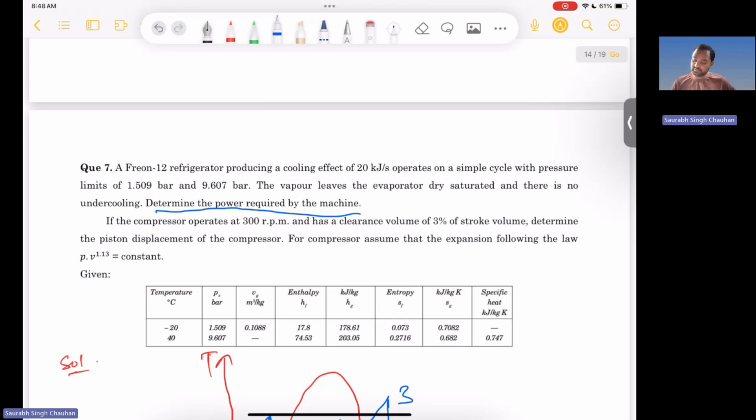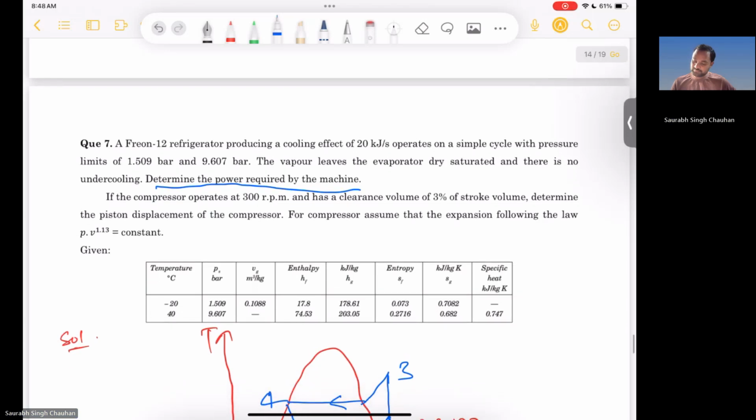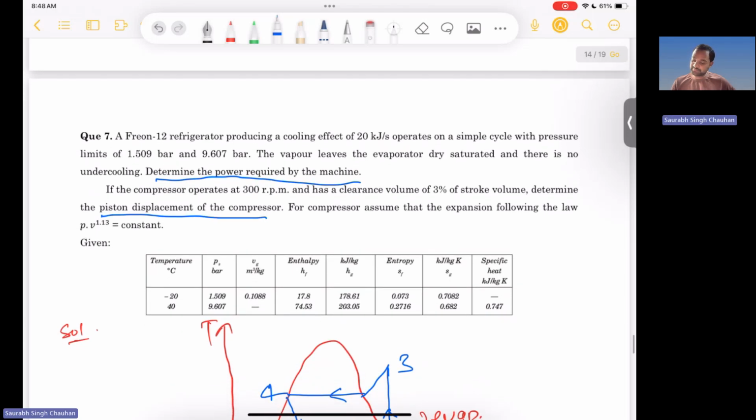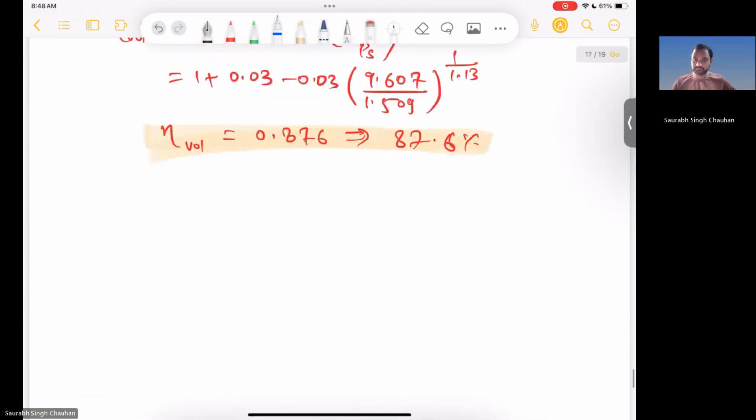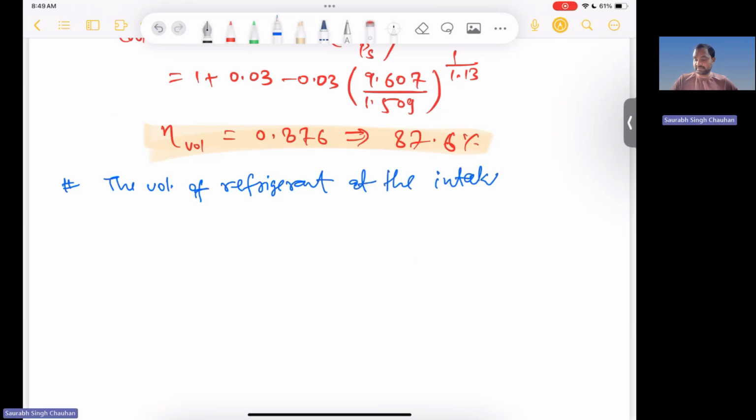We have to calculate the power required by the machine and piston displacement. If we want to calculate the volume of refrigerant at the intake conditions, we can write it as m dot into specific volume.